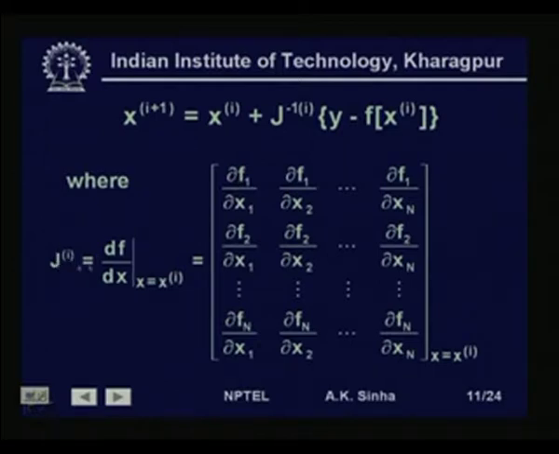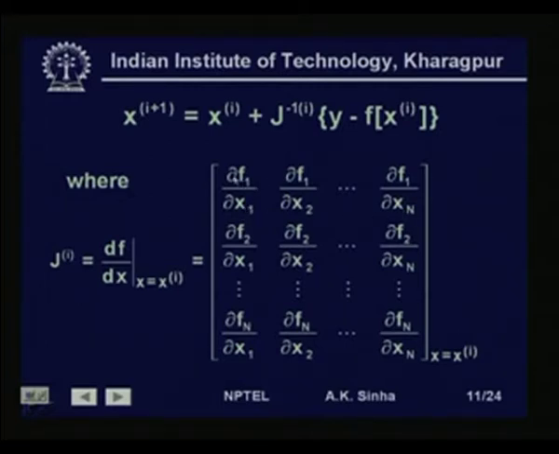So, J i can be defined as del f by del x: del f1 by del x1, del f1 by del x2, that is, for all the n equations that we have, we will have these partial derivatives of f with respect to x1 up to xn.